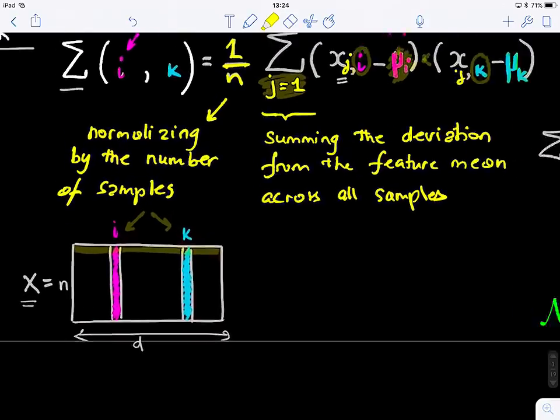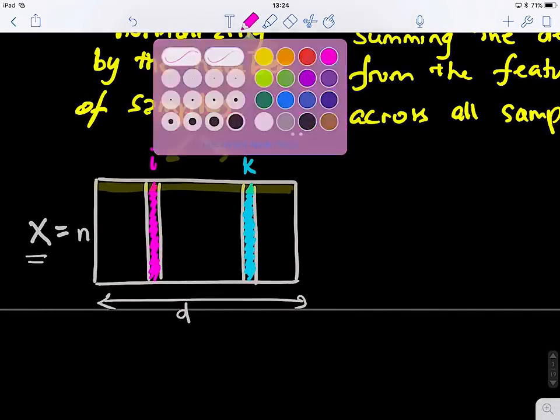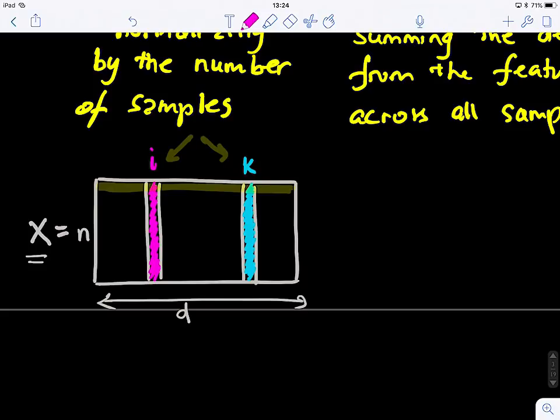So let's look at this. Here these are all your samples, and this is feature I. What you need to do is compute the mean of this ith column vector, basically summing all those elements and dividing by the number of samples.